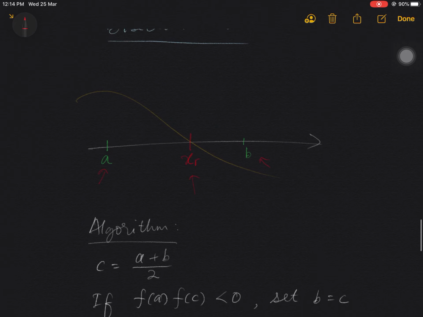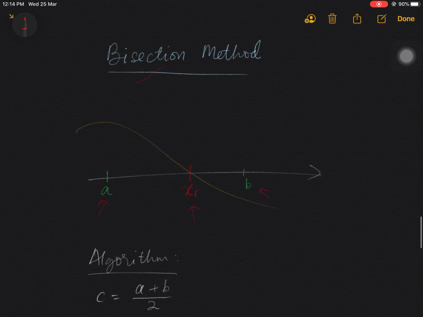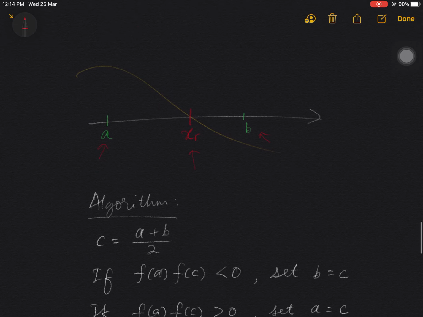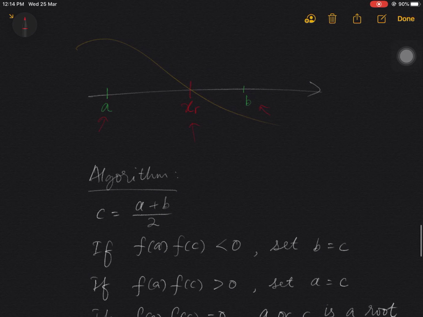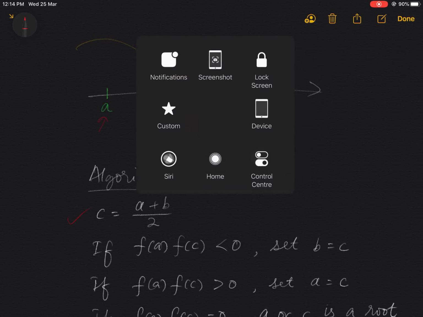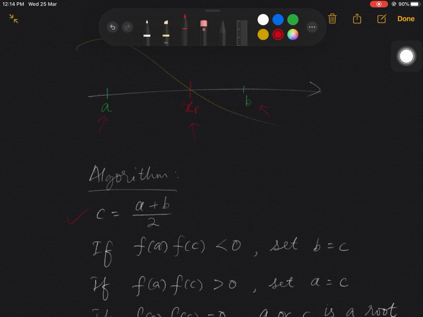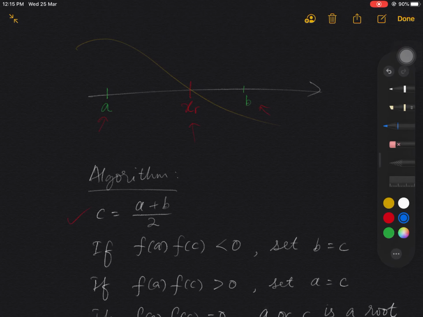Now the algorithm for the bisection method is, first, we have to find the middle point between A and B, in which we write C equals A plus B over 2. That means the point C is the middle point between A and B. Let's say somewhere here is the middle point.